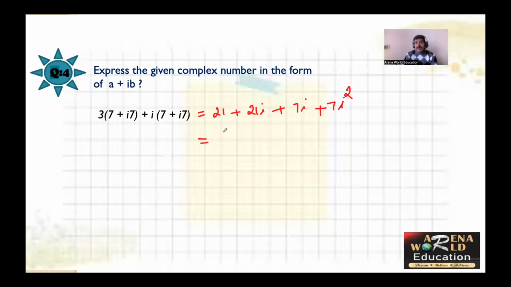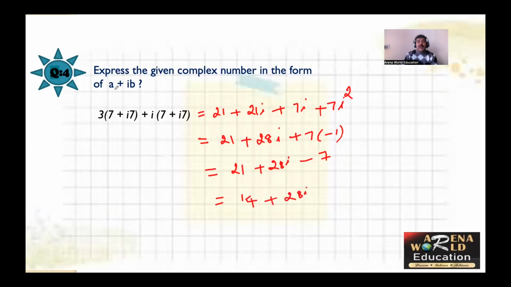So in the next step, 21 plus 21 iota plus 7 iota, these are like terms. So this will be 28 iota plus 7 into iota square, which is what? This is minus 1, right? So 21 plus 28 iota minus 7. 21 minus 7, this will be 14 plus 28 iota.